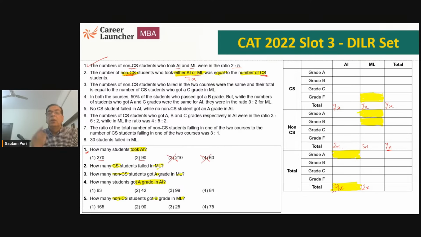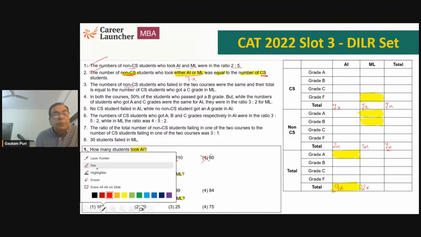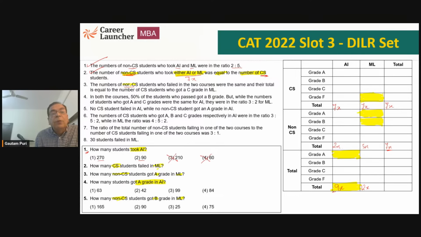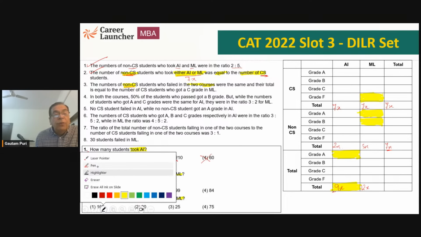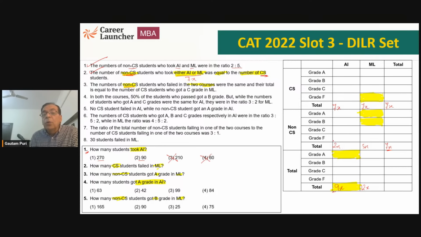So let's go further. 2 statements done, but the second statement has also helped us eliminate 2 choices. Okay. So let's go further. Statement 3. The number of non-CS students who failed in the 2 courses were the same. So if Y non-CS students failed in AI, then Y non-CS students failed in ML.